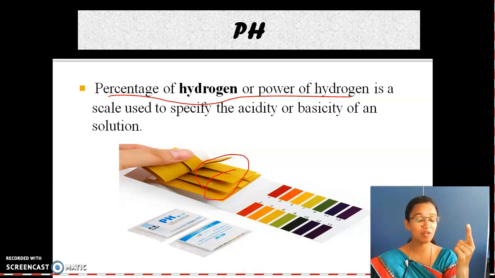You can see a color change in it. You need to match that color of the pH paper with this column. The pH paper changes its color from somewhat yellowish to red. So the pH value of lemon juice is 1.